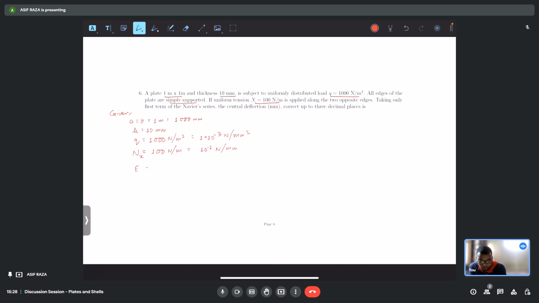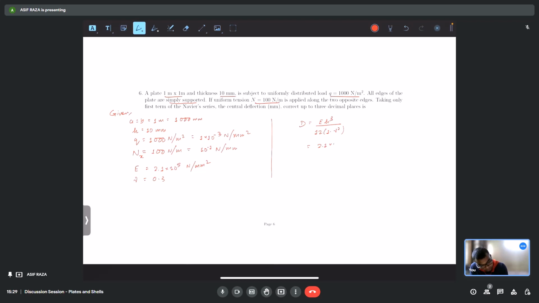Young's modulus value we will take as 2.1 into 10 power 5 Newton per mm square, and mu is equal to 0.3. So with this we'll get the flexural stiffness of the plate as E t cube upon 12 (1 minus mu square).